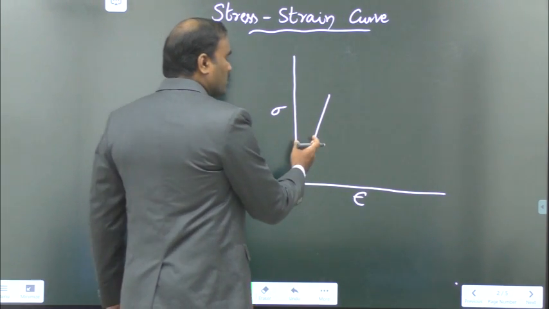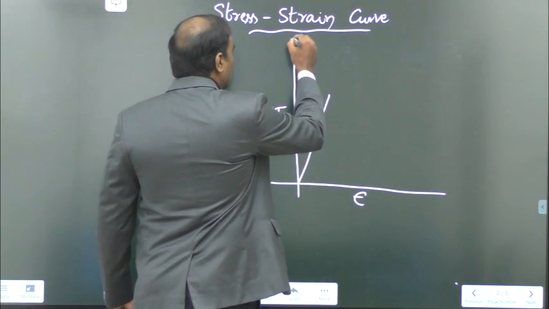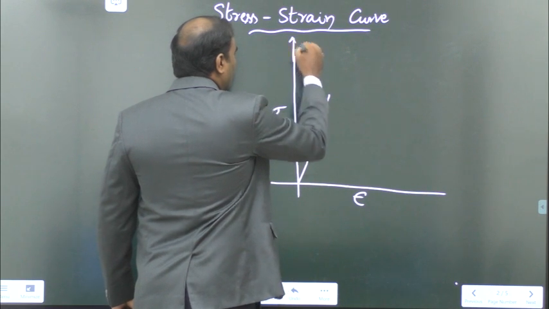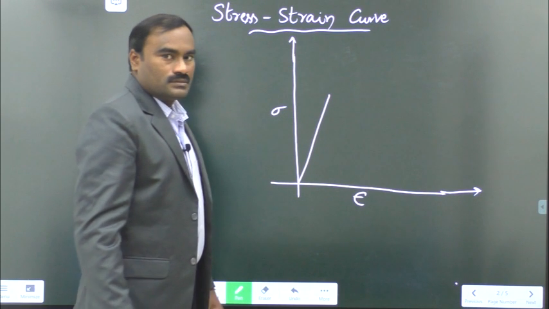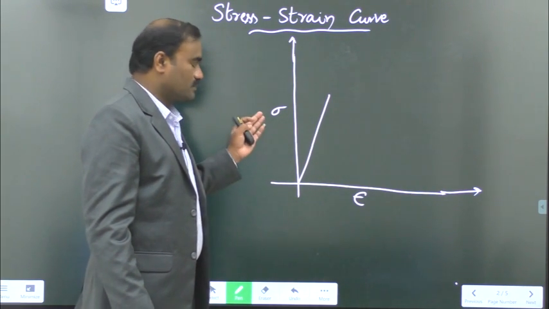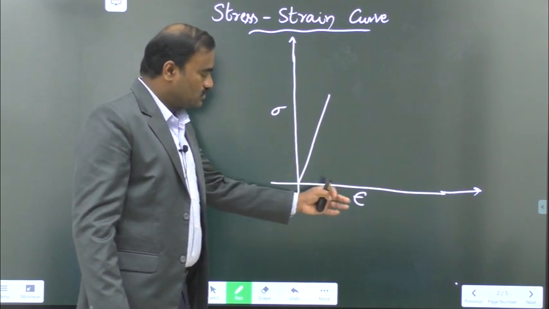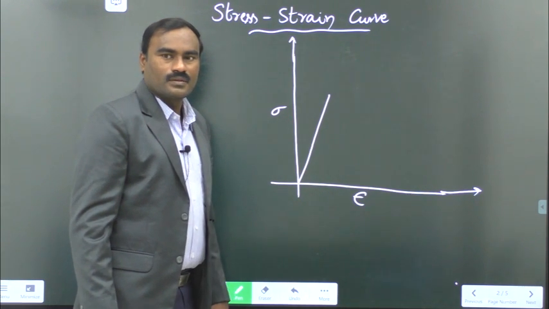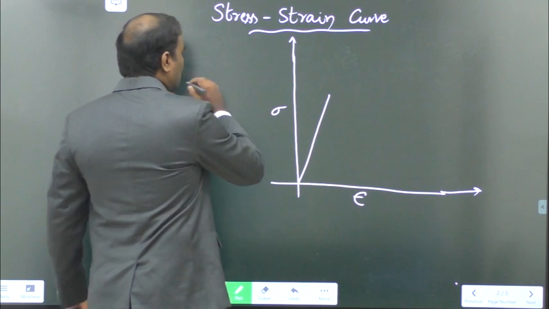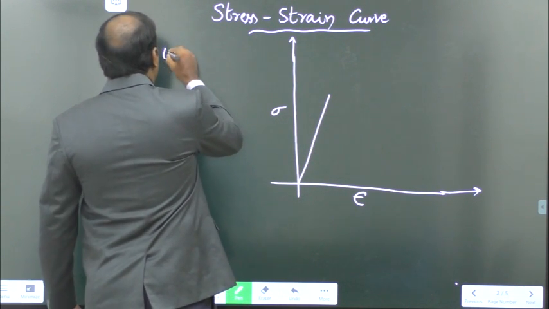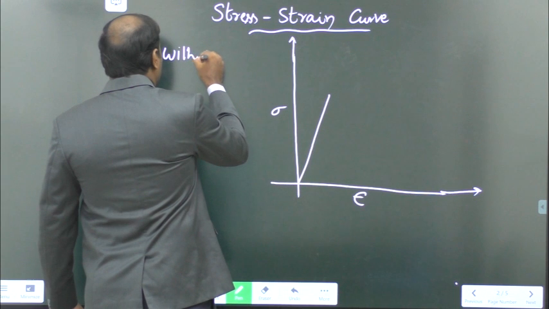This is a straight line, a linear curve. According to Hooke's law, as the stress increases, the strain produced in the material will also increase within the elastic limit. So the condition is within the elastic limit.